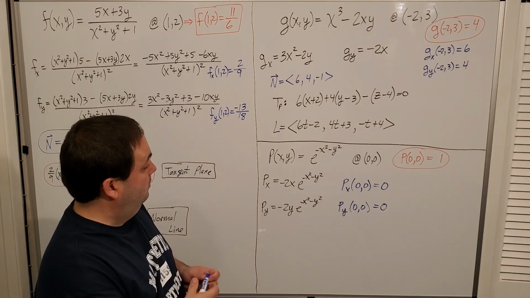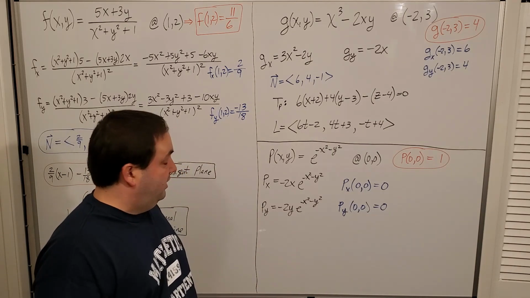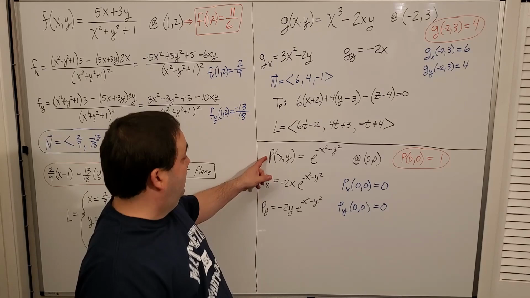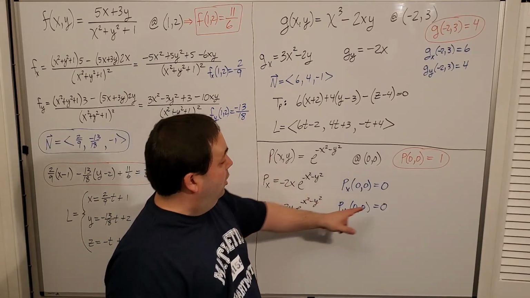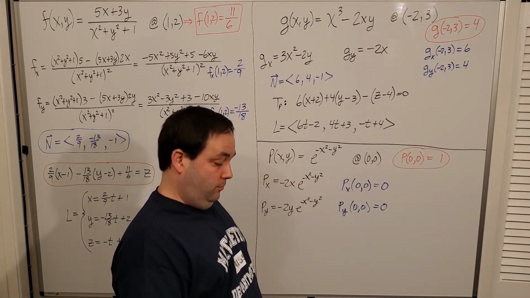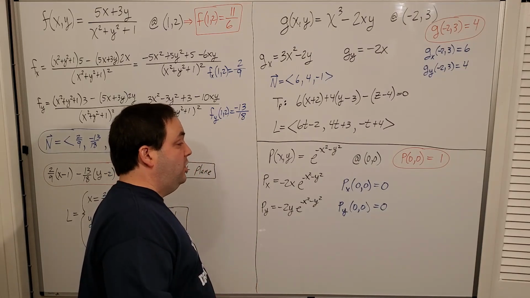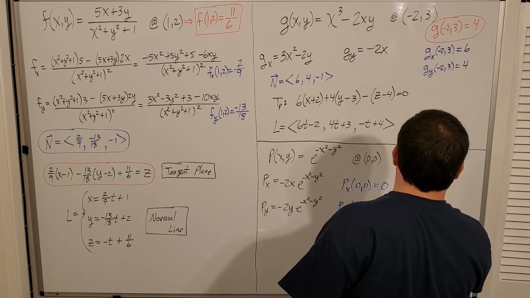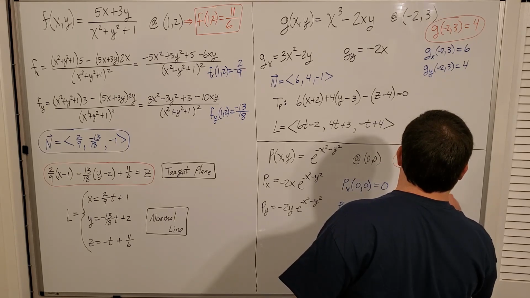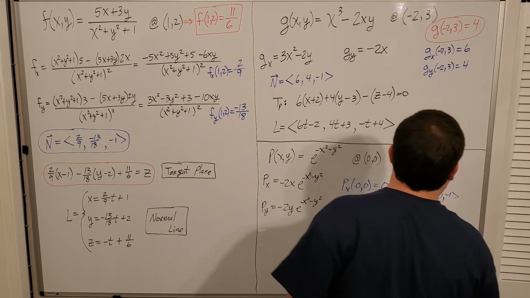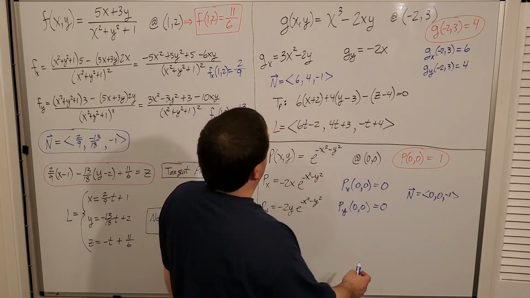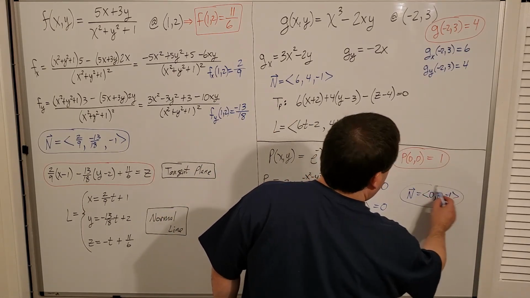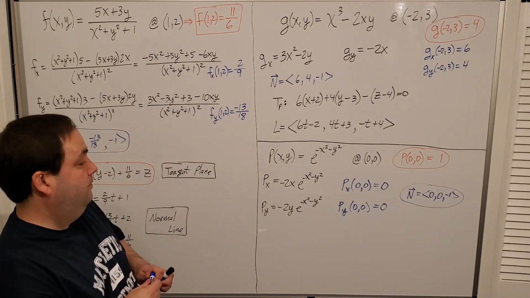Okay? So notice what this amounts to is the gradient of p at this point would have been 0, 0. Okay? But the normal vector to the point is 0, 0, negative 1. Okay? So we've got our normal vector there.